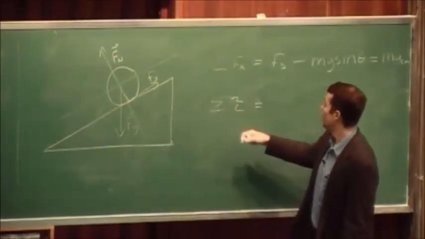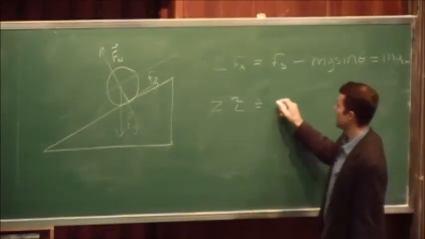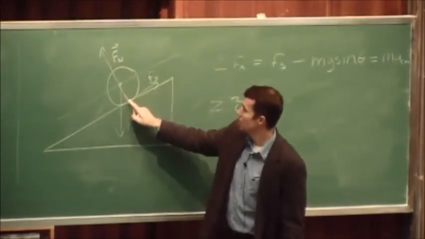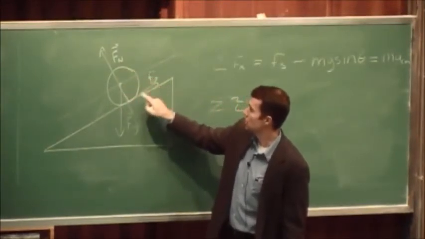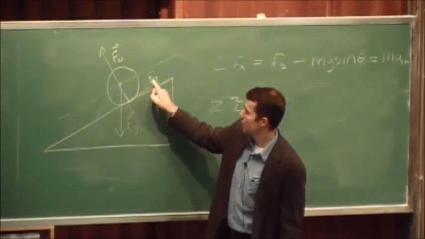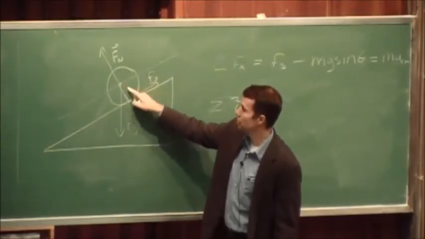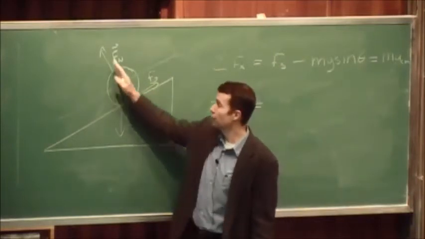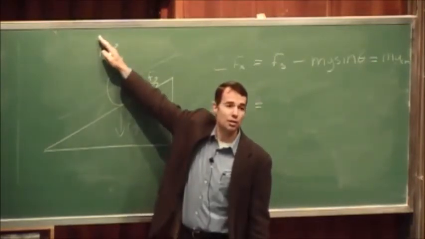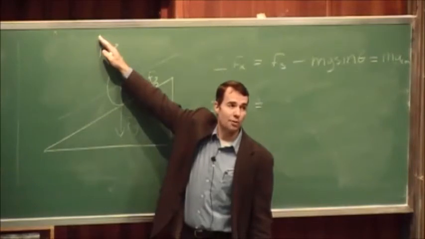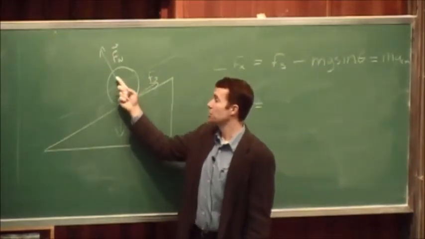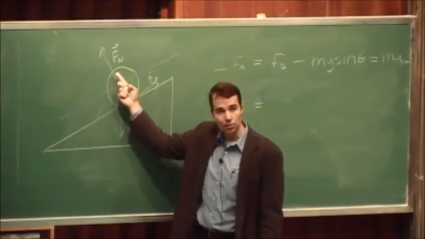If I look at this just from the center of mass point of view, only the static friction is causing a rotation about the center of mass, right? The normal force is not causing any rotation of this object about the center of mass because it is in the same direction as the radius, right?